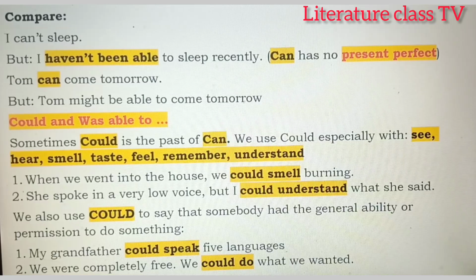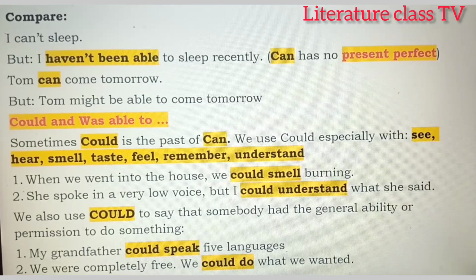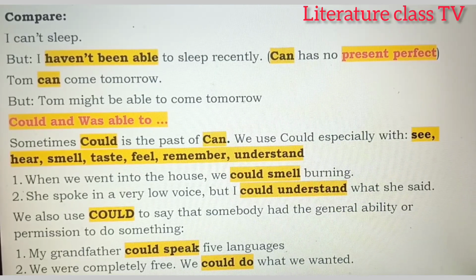Example 2. We were completely free. We could do what we wanted. In that time, in the past, we were completely free. Nothing we had in that time to do. That's why we could do whatever we wanted to do.